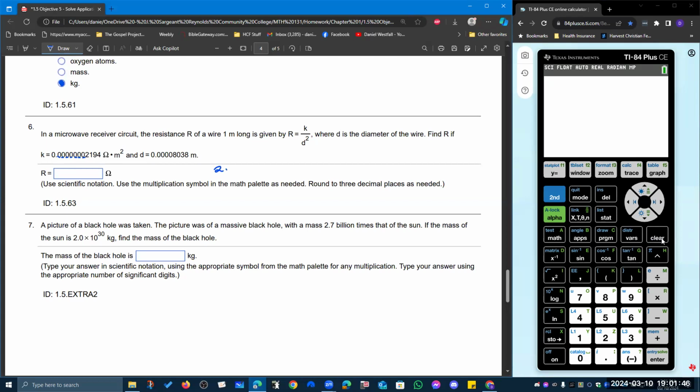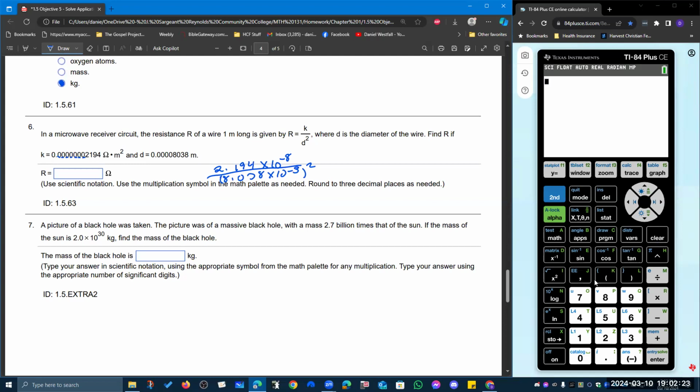So 2.194 times 10 to the negative 8th, divided by D, which is 8.038 times 10 to the negative 5th, and that's going to be squared. 1, 2, 3, 4, 5. Okay.